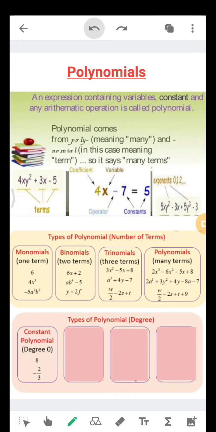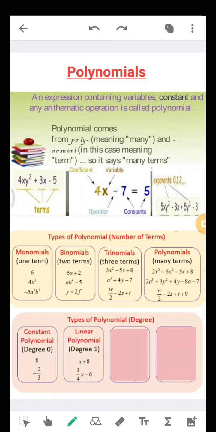The first one is a constant polynomial. What is a constant polynomial? A polynomial whose degree is 0, because there is no variable here, there is only the number 8. So that is called a constant polynomial because the degree is 0.